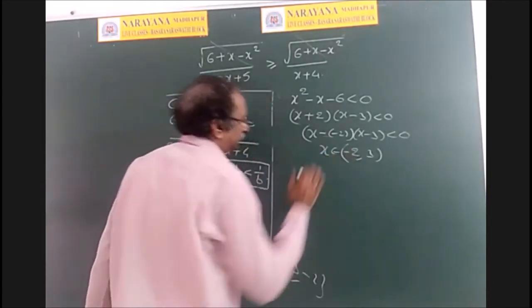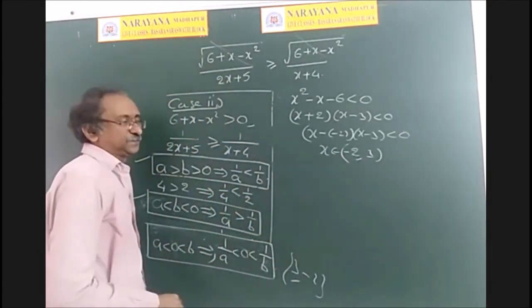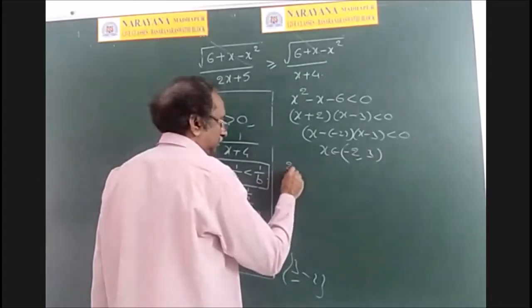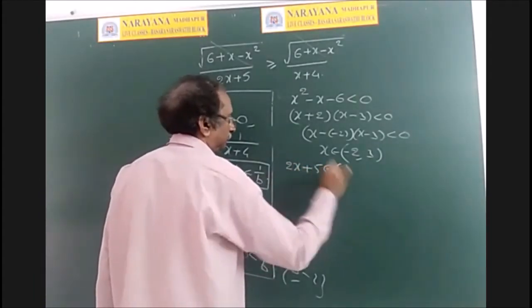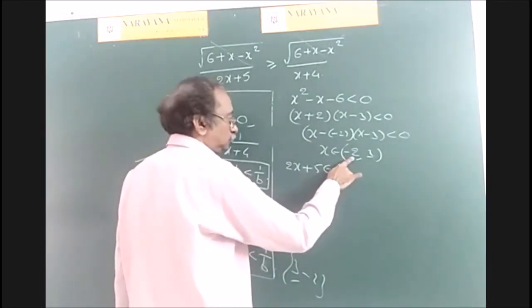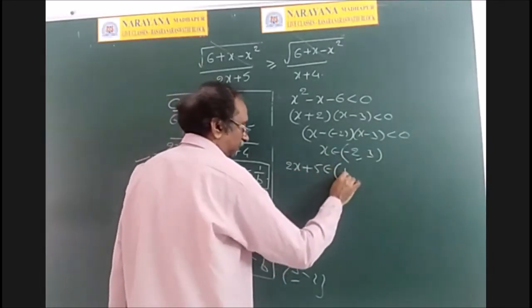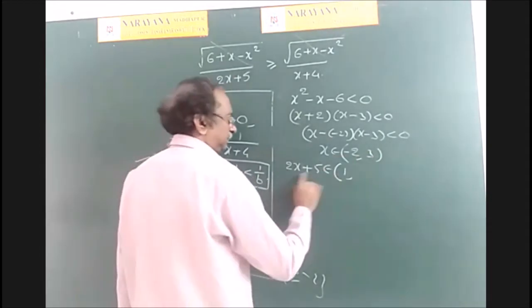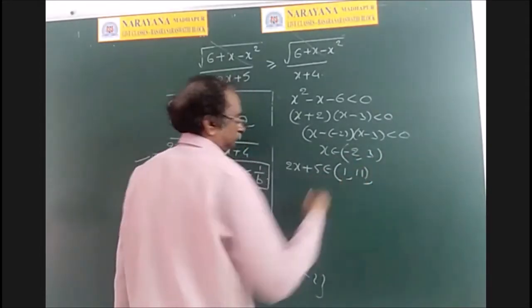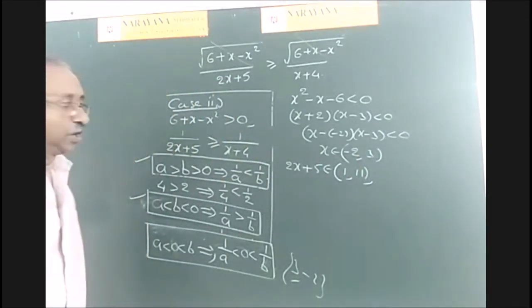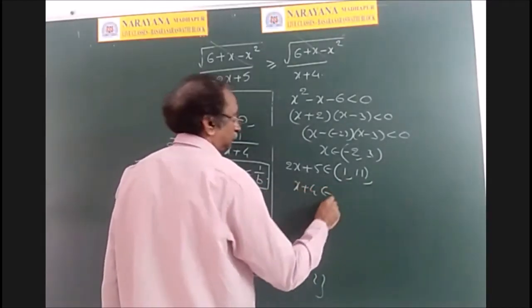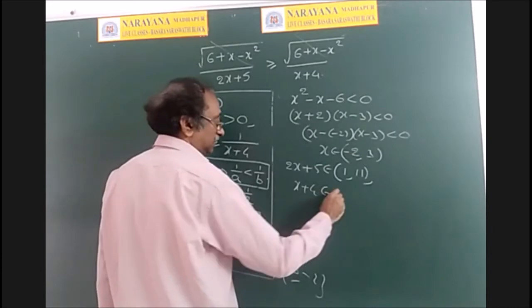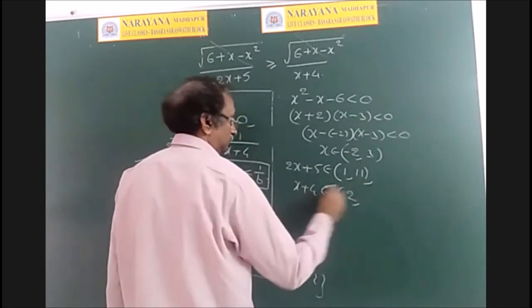Now in this interval, what about 2x plus 5? Let us see. So 2x plus 5 belongs to, multiplying with 2, minus 4 plus 5 is 1, 6 plus 5 is 11. That is positive. Belongs to 1 comma 11, which means positive. Now x plus 4 belongs to, x is minus 2 plus 4 is 2, 3 plus 4 is 7.